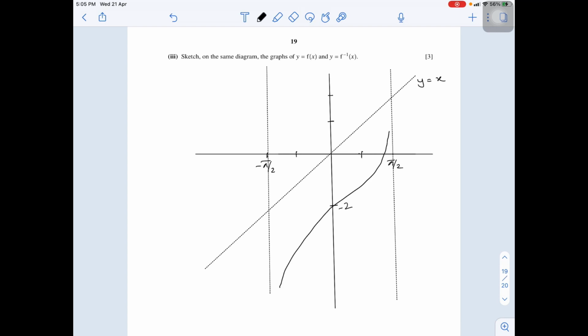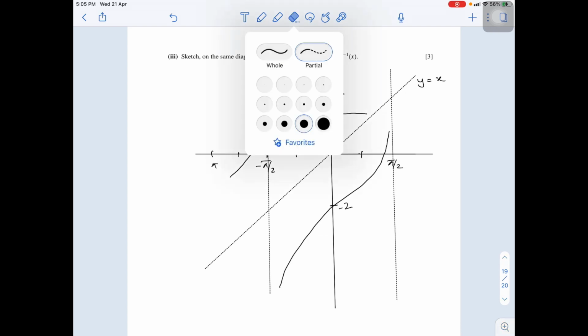And then the reflection in y equals x. So I'm drawing that. It passes through there. So I have that.